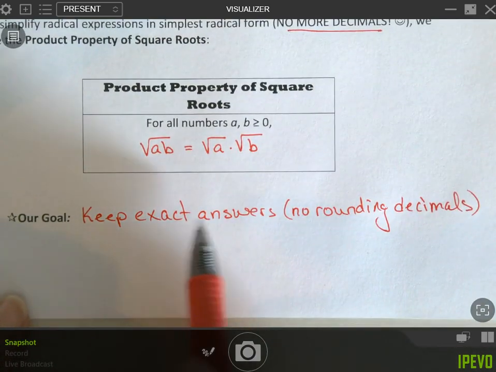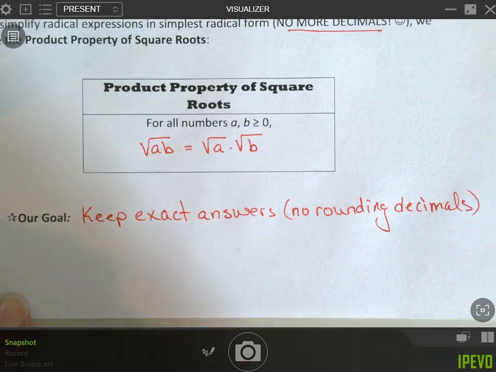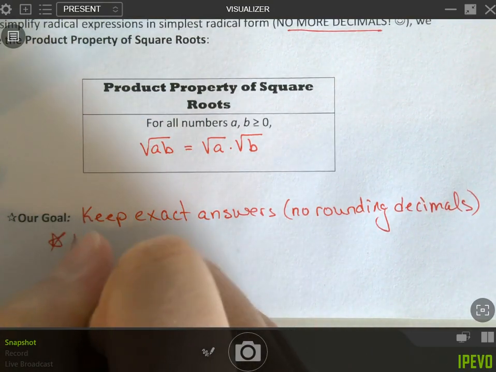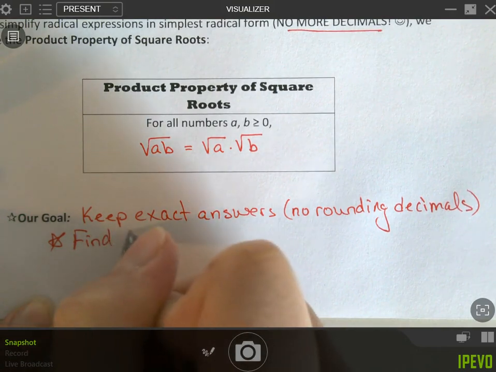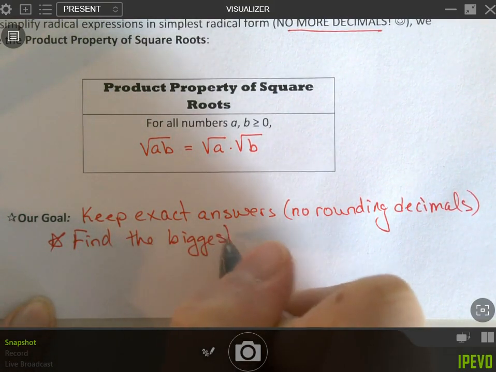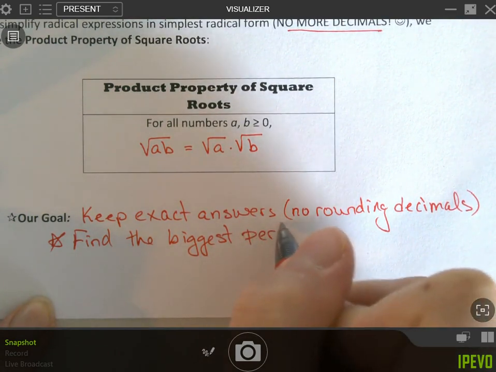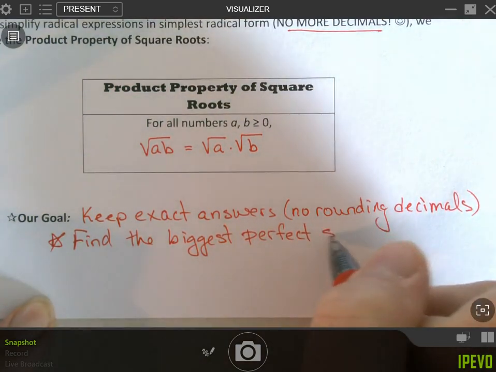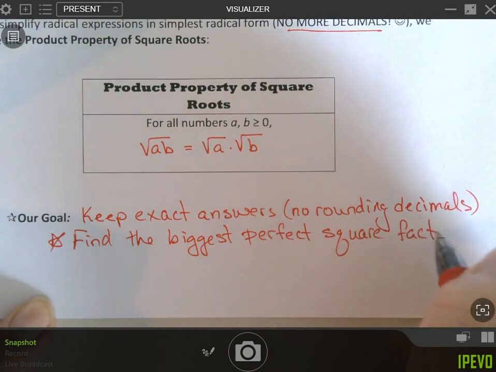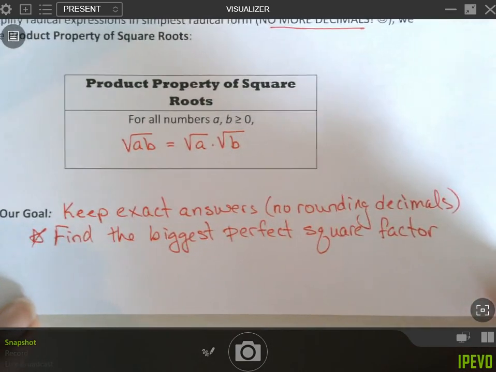We want to keep exact answers. We're not rounding decimals. So what are we looking for? Find the biggest perfect square factor. Now we have to talk about what that means.